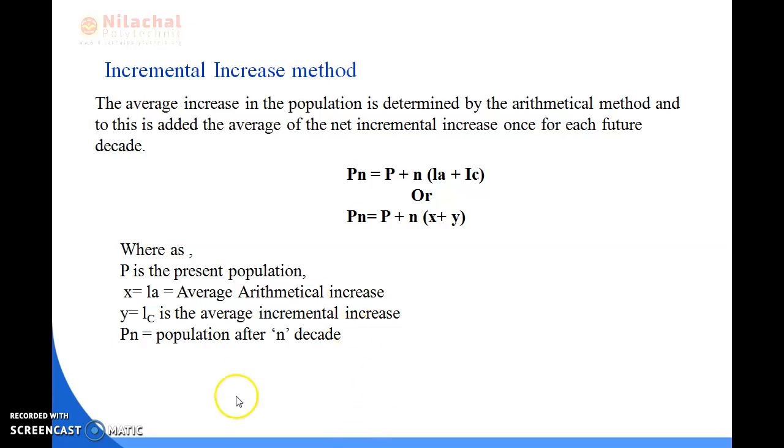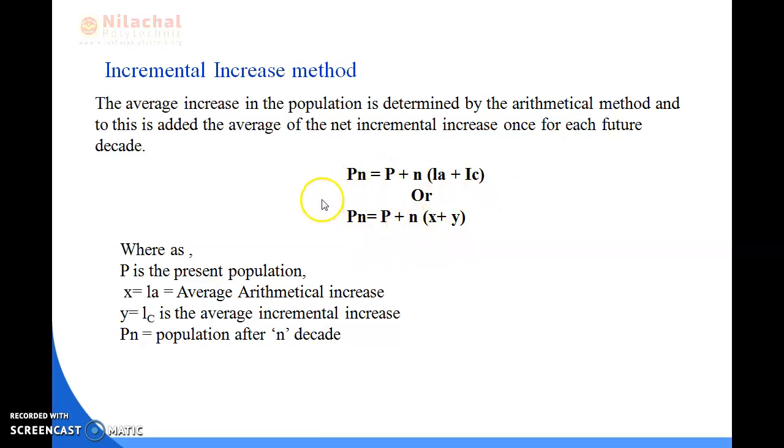In the incremental increasing method, the formula is Pn equals P plus n into (Ia plus Ic), or Pn equals P plus n into (x plus y). We can take the two as one formula.